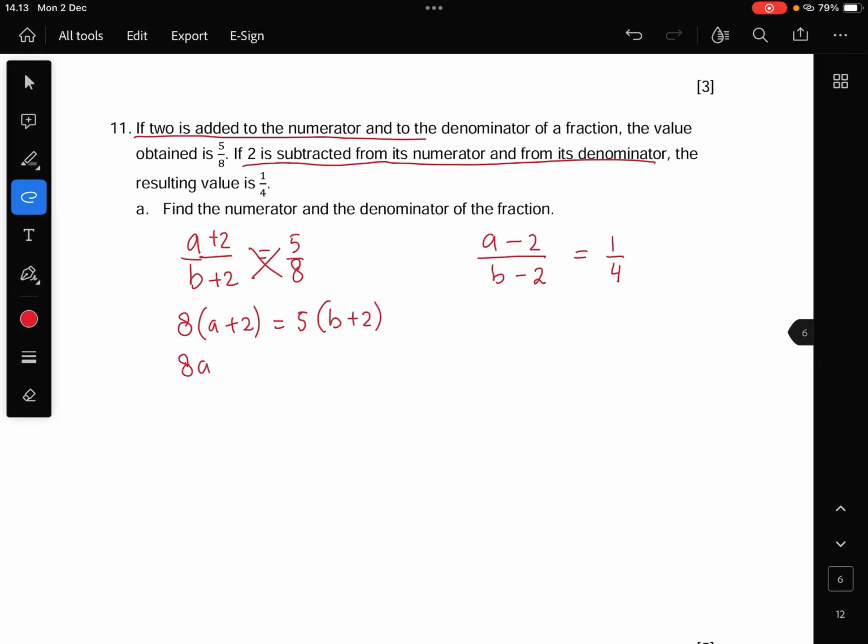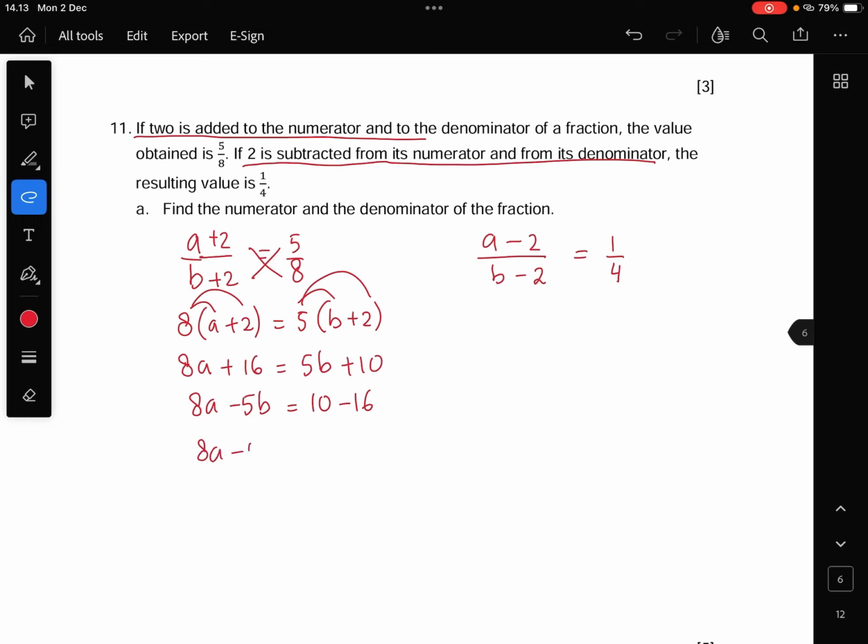Simplify it. 8a plus 8 multiplied by 2, it is 16, equals to 5 multiplied by b is 5b. 5 multiplied by 2, it is 10. So we can just put the a and b on one side, and the constants on the right side, okay? So 8a minus 5b is equals to 10 minus 16.